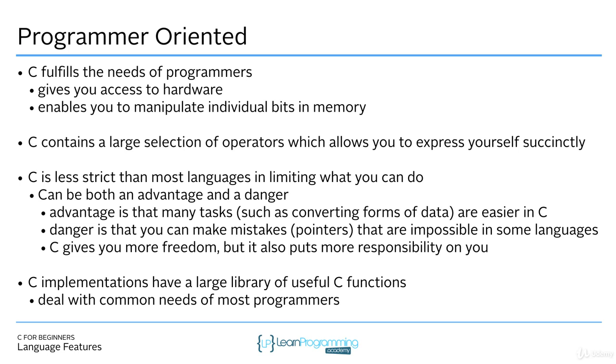And so C has all sorts of library functions to read data from the keyboard, to write data to files, to create all sorts of nice things with different processes and threads. I mean, all sorts of nice things. So the fact that a lot of implementation comes with the language and you don't have to actually implement it yourself, you just have to learn how to use the libraries, is very advantageous and very programmer oriented.